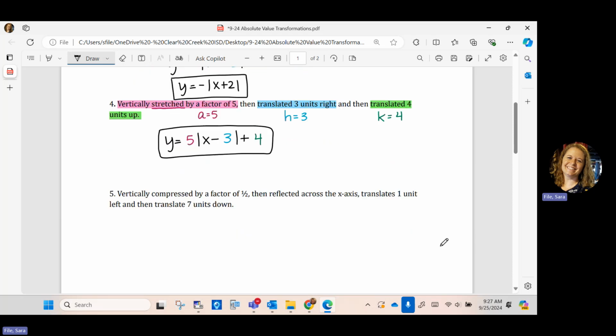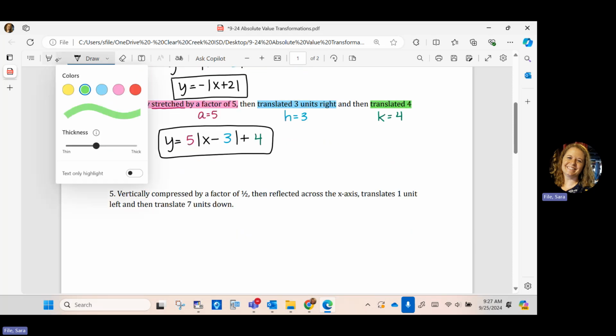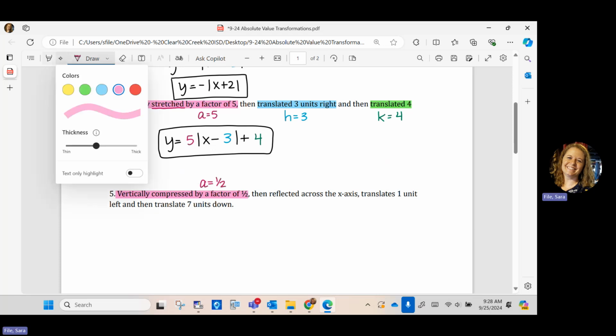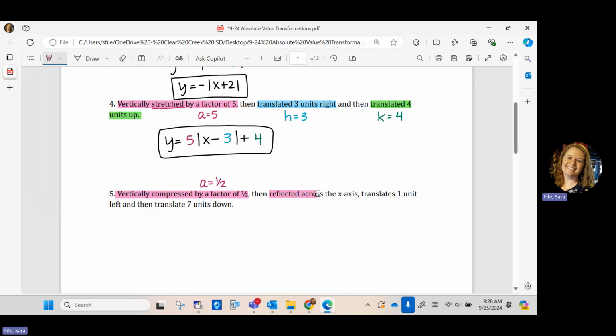All right, I'm going to do 5 then. We're going to do the same highlighting and plugging into the equation. Okay, so vertically compressed, so that's a again. Compressed means a is less than 1, and they tell us it's 1/2. So I can mark here a is 1/2. Then it is reflected across the x-axis. Well, that tells us a is negative.